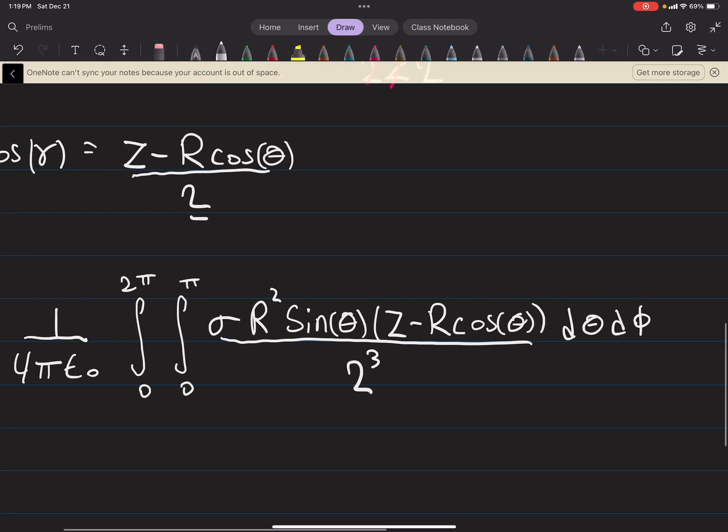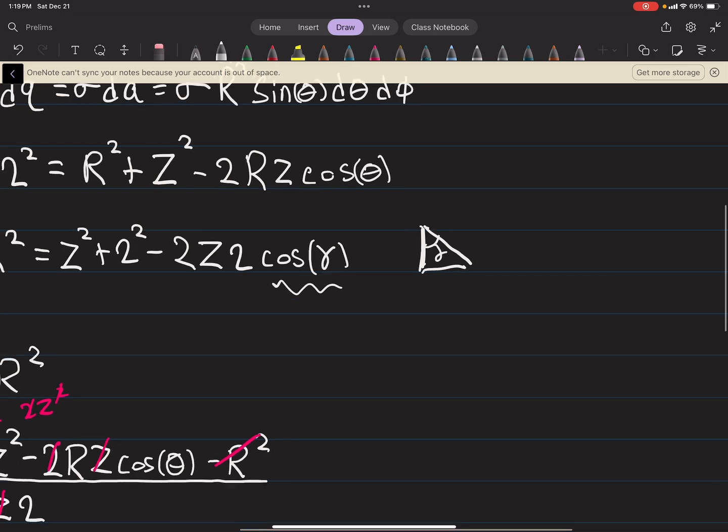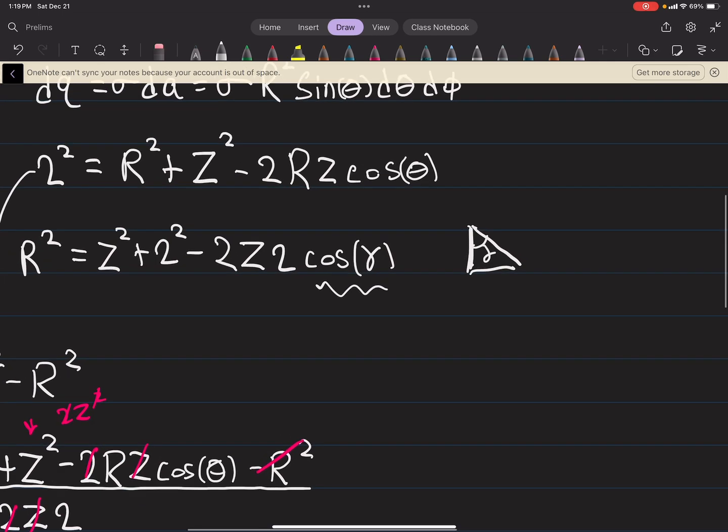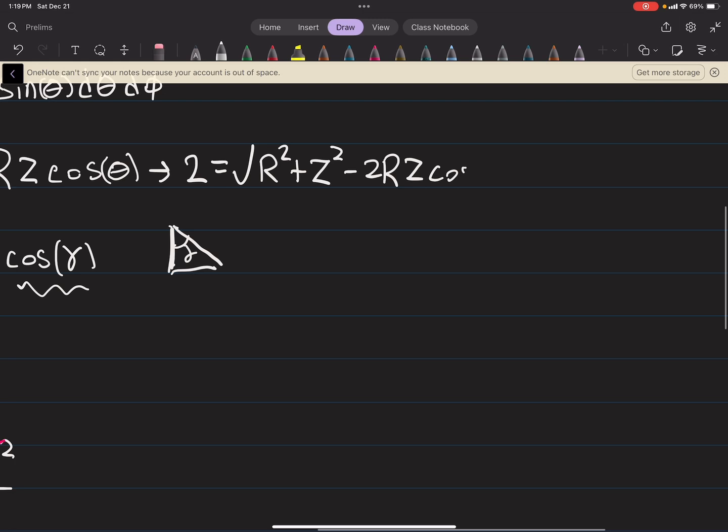Now what is script r cubed? Well, probably should have done this earlier, but we know what script r squared is. So then this is just the square root, or if it's helpful, this to the 1/2.